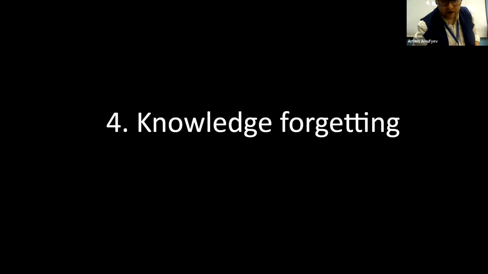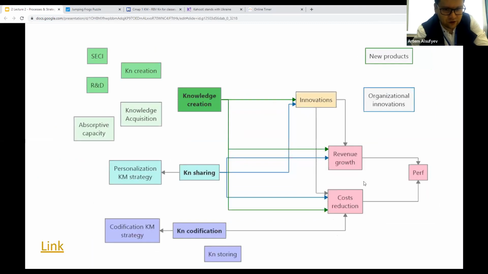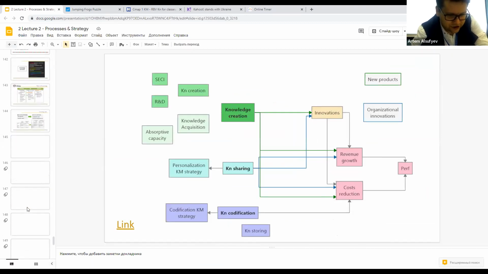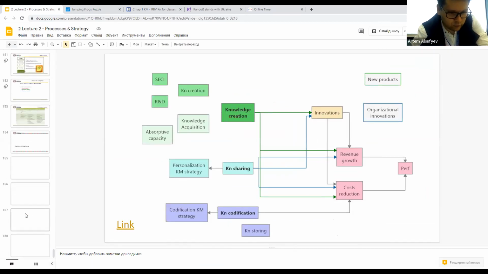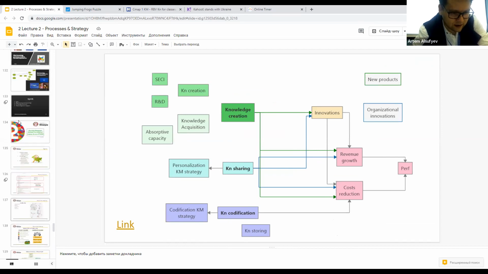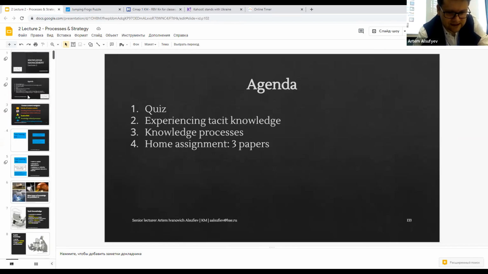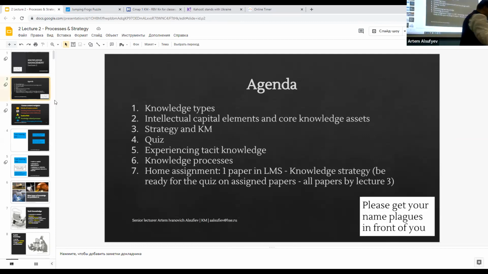Up to now, you have just one assignment about reading the knowledge strategy paper. I would also ask you to look at the examples of not 3 papers, 1 paper, at the example of final projects.